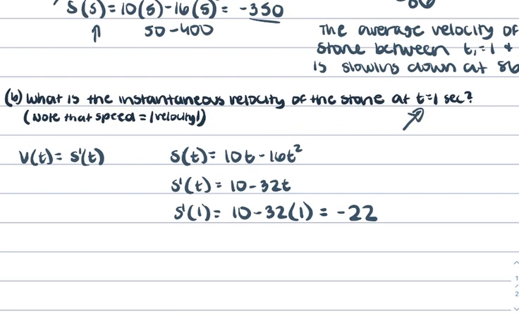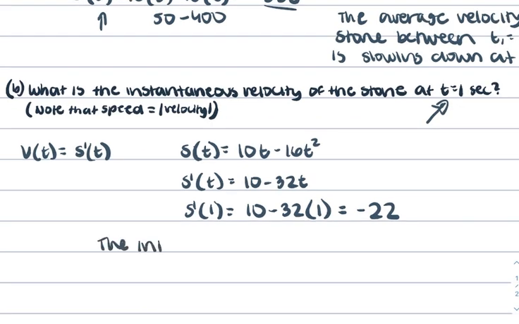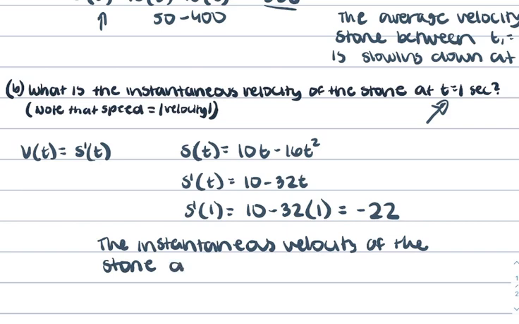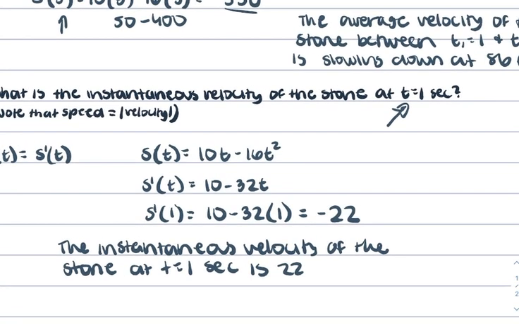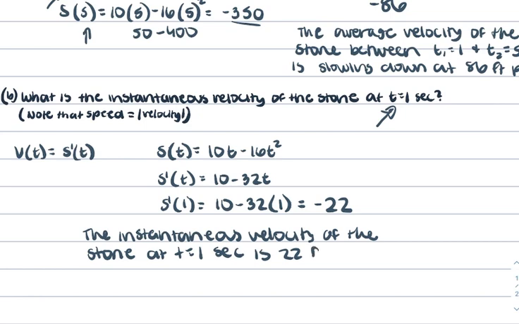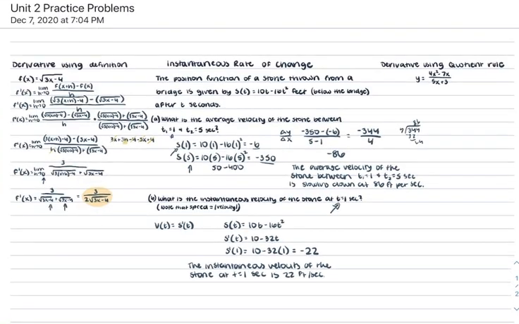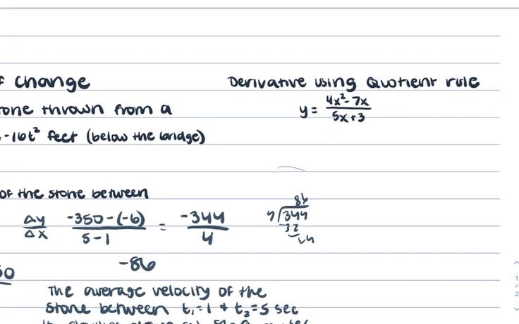So we can write it as the instantaneous velocity of the stone at t equals 1 second is negative 22 feet per second. It says that speed is the absolute value of velocity. So let's move on to our last problem.